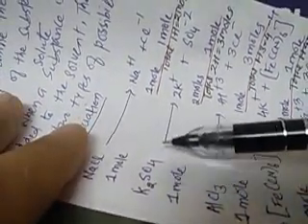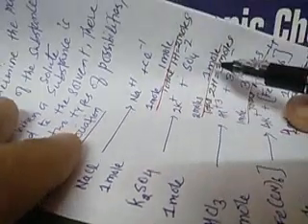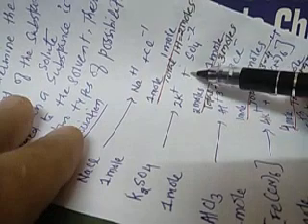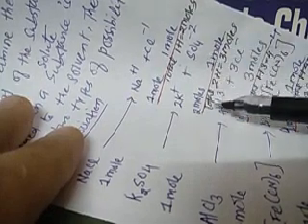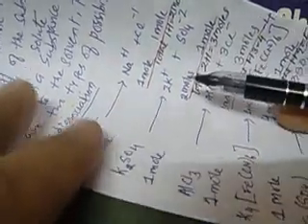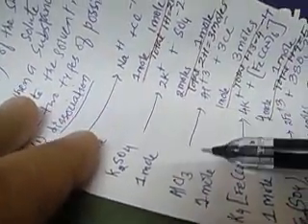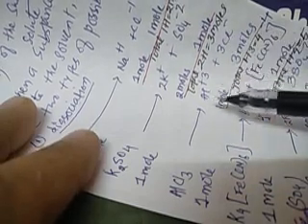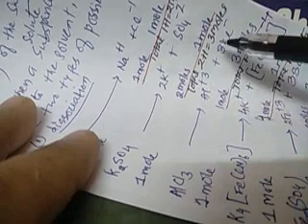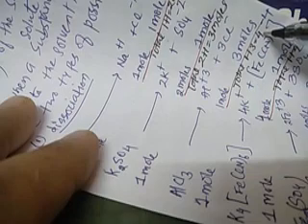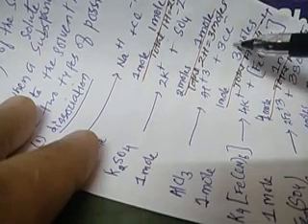When it comes to K2SO4, it gives 2K+ and SO4 2-. So ultimately it gives 2 moles of K+ and 1 mole of SO4 2-, that is a total of 2 plus 1, equal to 3 moles of particles. When it comes to AlCl3, we get Al3+ and 3Cl-. So it goes into 1 mole of Al3+ and 3 moles of Cl-, a total of 1 plus 3, equal to 4 moles of particles generated from 1 mole of AlCl3.